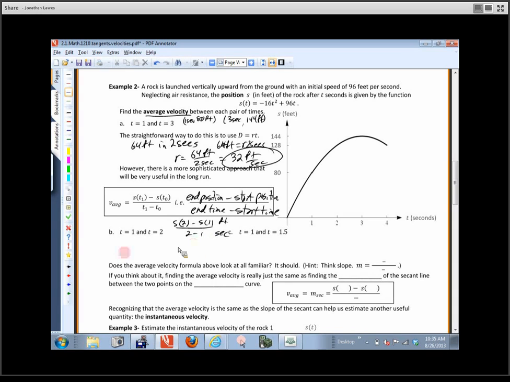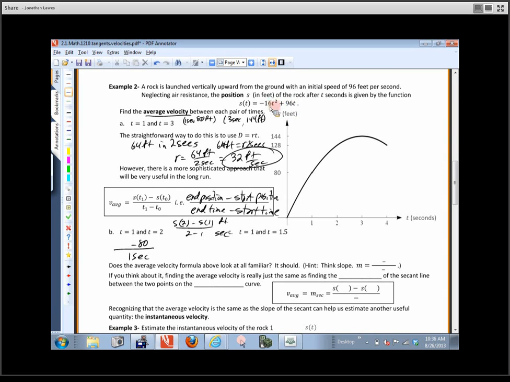Now the cool part about this is, look at the denominator. It's 2 minus 1. 1 second. I only let 1 second elapse from second 1 to second 2. And this is s of 1, the position at 1 second. Didn't we already compute that? Wasn't that 80? So this is going to be minus 80. And if you plug in a 2, you get 128.